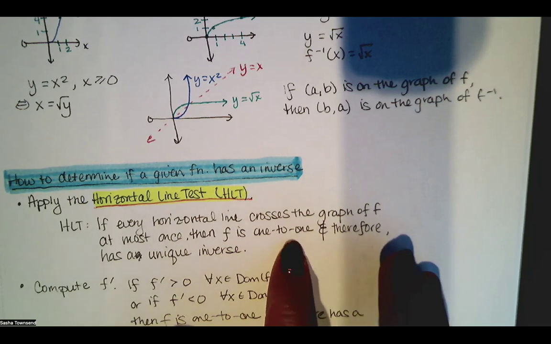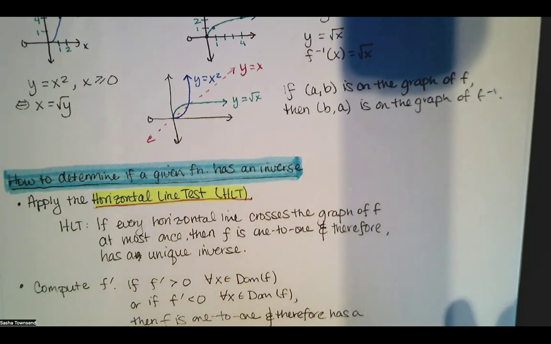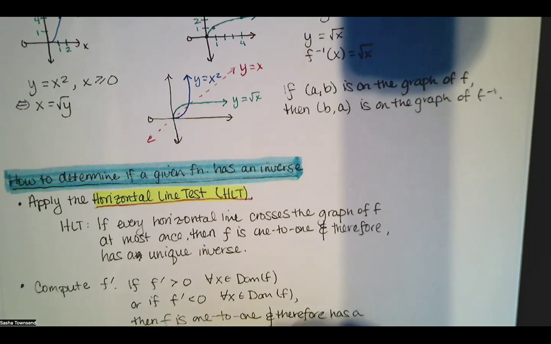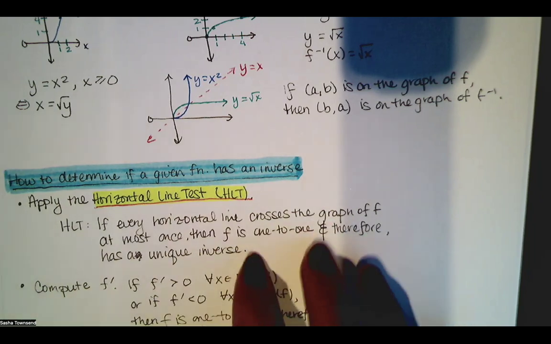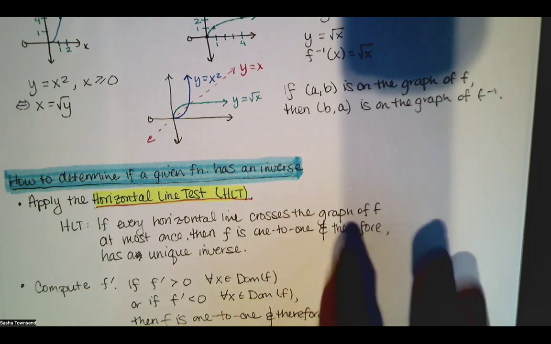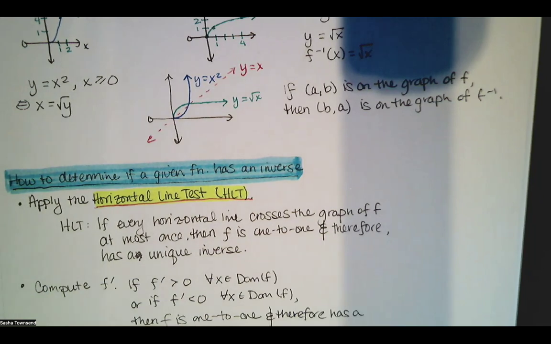When I say 1 to 1, that just means every x has only one y and every y has only one x. Now, every x automatically has only one y whenever you're talking about a function, but when we are talking about a function that has an inverse, every y also has to have only one x.